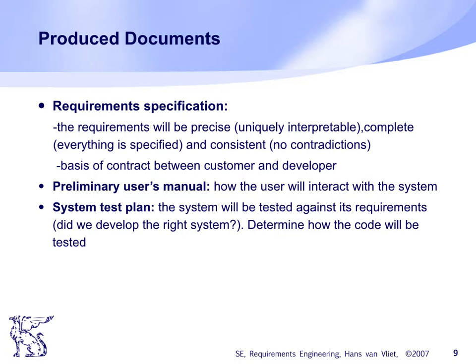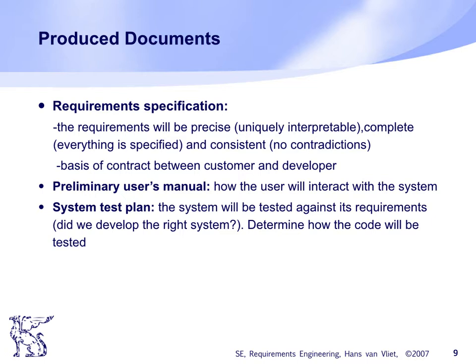It involves the functional and non-functional requirements also. The requirements listed in it should be precise, complete, and consistent. And this is the basis of the contract between customer and developer.